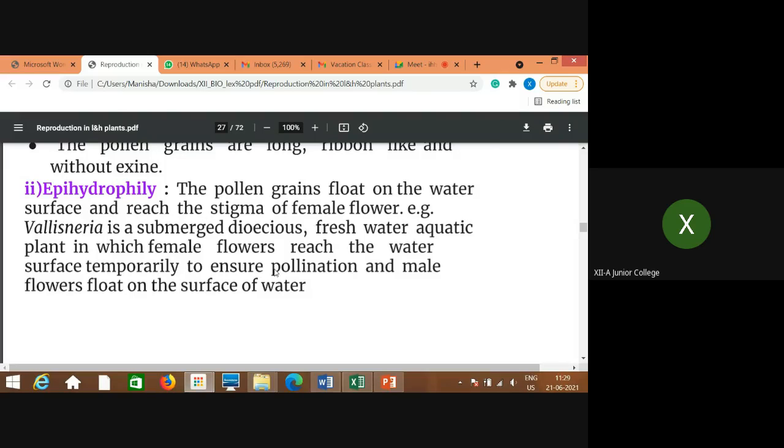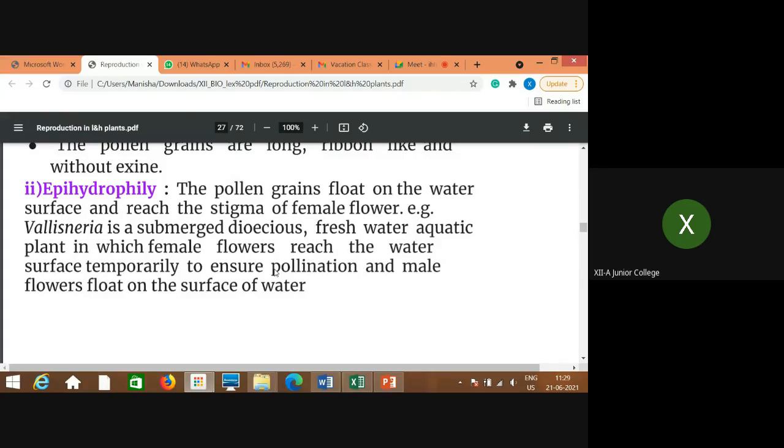So that's why temporarily the long elongated style of this female flower, or the female part of the Vallisneria, though it is long, is coiled, and when the stigma becomes mature, it uncoils and reaches the water surface to receive the pollen grains which are floating on the water surface.